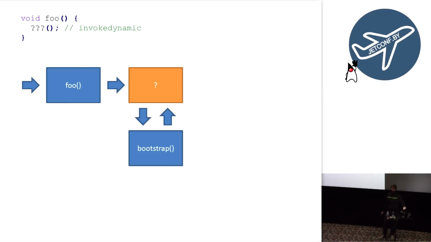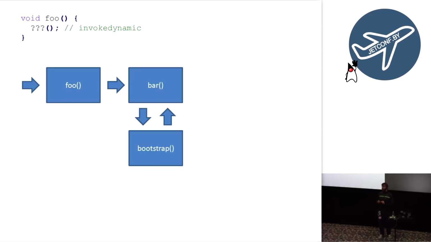So what happens once we reach this question mark call site is that we invoke the bootstrap method. And the bootstrap method really is just a Java method. For lambda expressions, for example, it's called the lambda metafactory. You can go into this method, set a breakpoint there, and you will see the breakpoint being triggered once you reach your first lambda expression in your program.